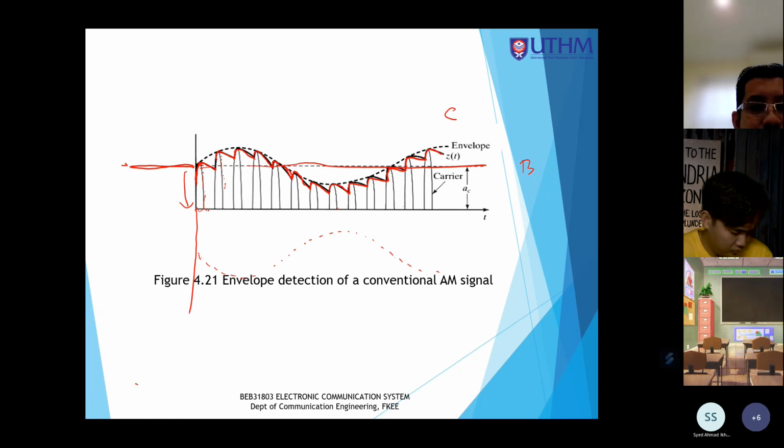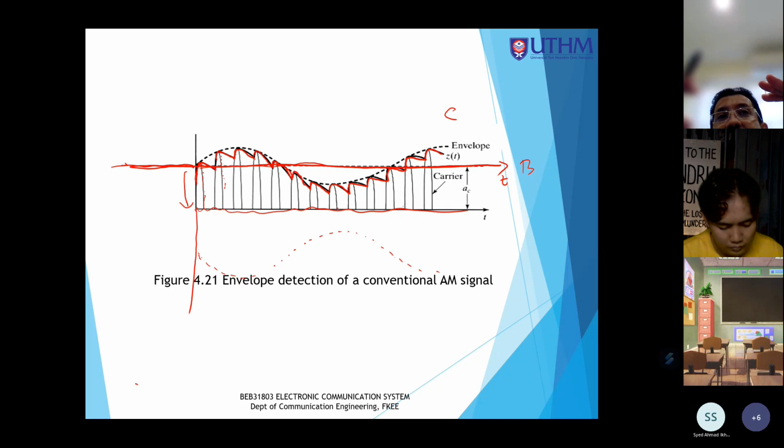Saya tak dapat nak tunjukkan dia turun, saya tunjukkan dia seolah-olah macam ni. So paksi X seolah-olah berada di sini sekarang. Okay, so this is the X axis. So apabila selepas dia lalu capacitor C2, maka capacitor C2 akan remove the DC voltage. So when you remove the DC voltage, what happen is that the signal will drop and will be centered at the X-axis.